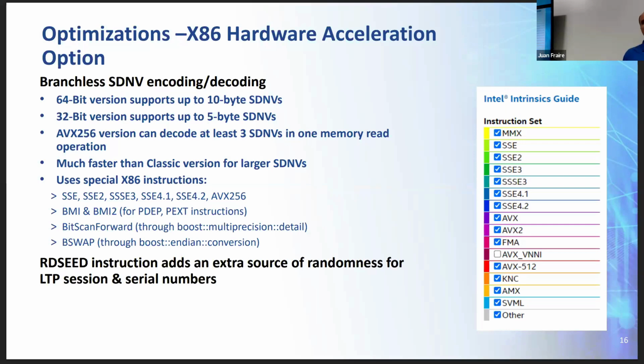And if it can, it will by default try to use those. We also look and see if you have the RDSEED instruction. The LTP specification says it's important to use true random numbers. And so as an extra source of randomness, it can utilize the RDSEED instruction available on modern Intel processors.